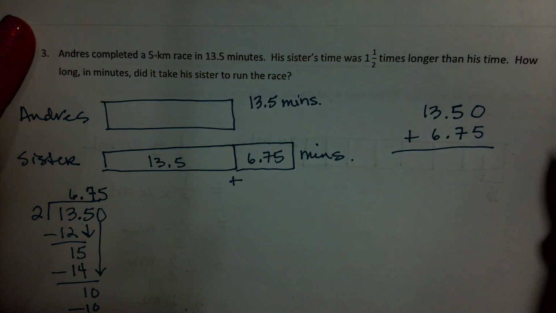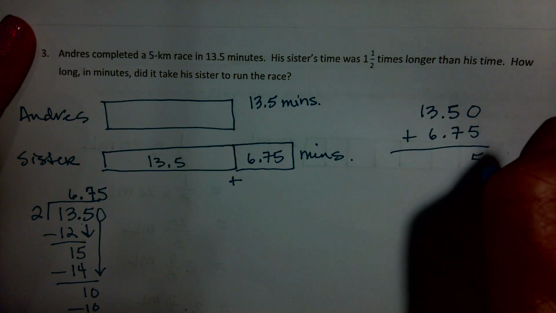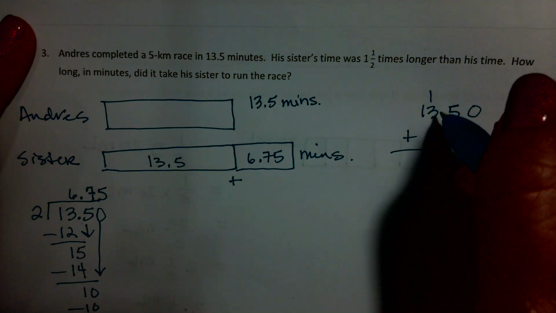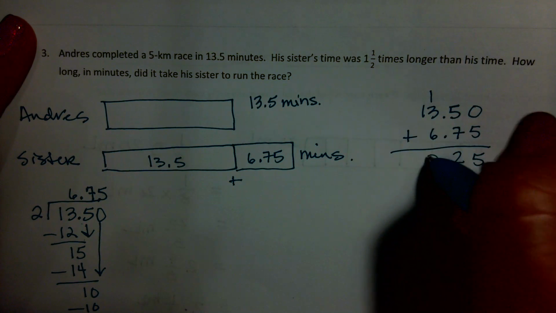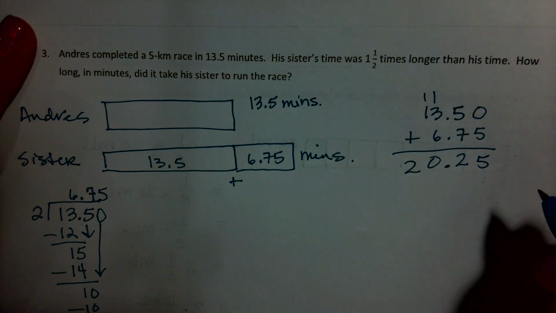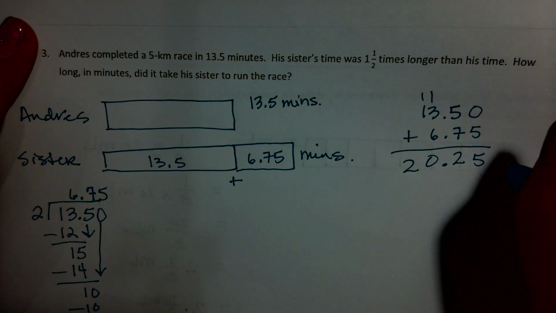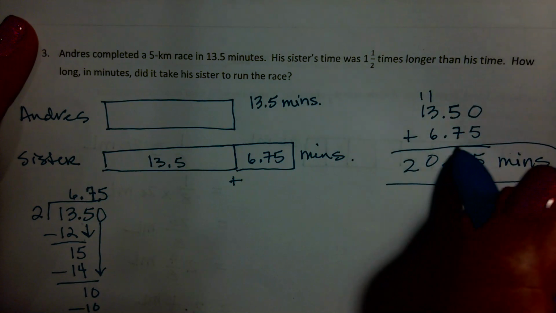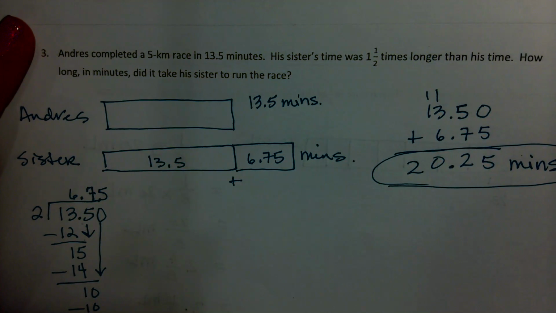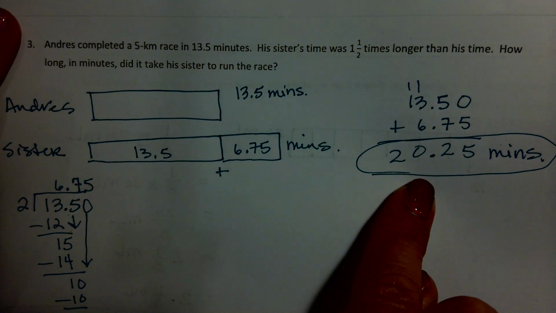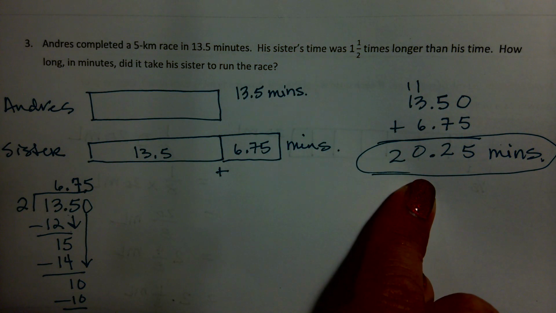Always add the 0 and fill in the problem. So we're going to add this. 20.25 minutes. It took him 13.5 minutes, but it took her 20.25 minutes to run the same race.